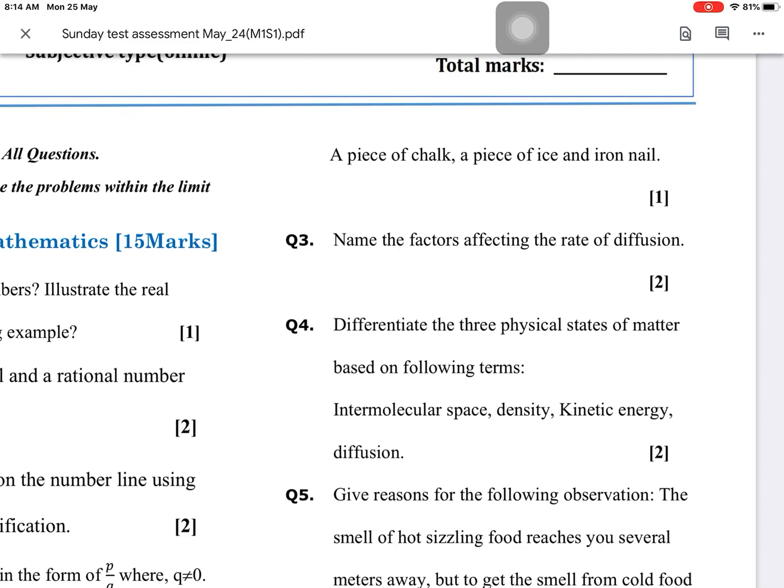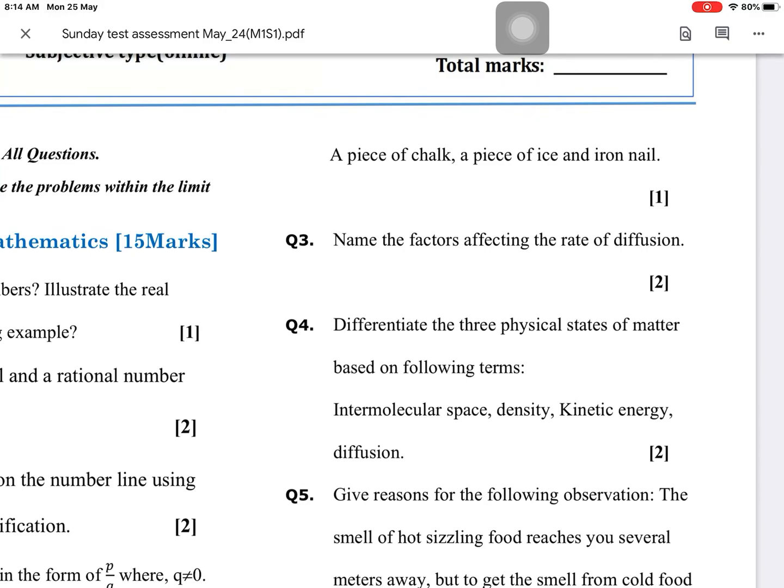The medium can also affect it. Medium means solid, liquid, or gas. So you can write down temperature, humidity, and medium. And the third factor affecting the rate of diffusion is the nature of material: what type of material is being diffused into the medium.